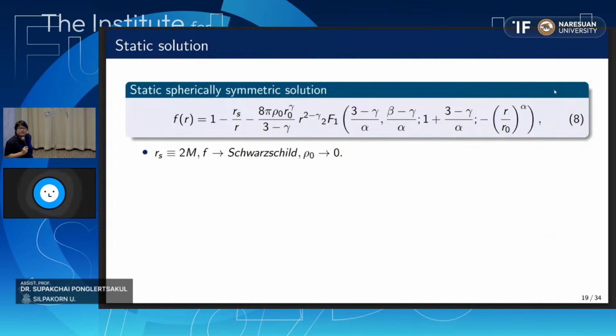I think M has some contribution from the last term. We can rearrange the last term such that we can transform rho_0 to be purely the mass of the dark matter itself. That's possible. But the reason we keep it like this is that we didn't think much about singular or regular black holes at this moment, because we just want equation 8 to reduce to the Schwarzschild form when rho goes to 0.